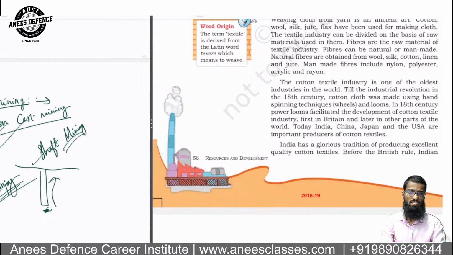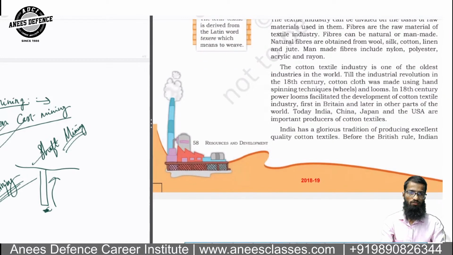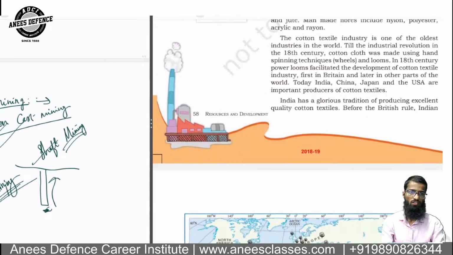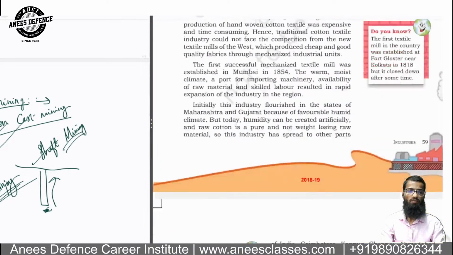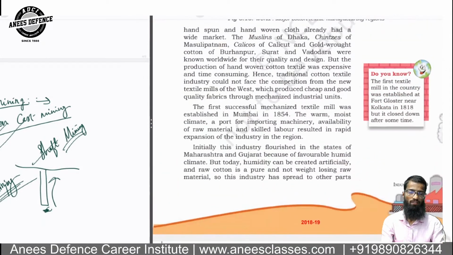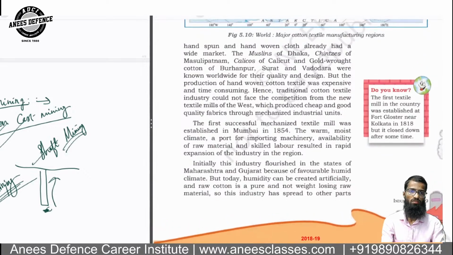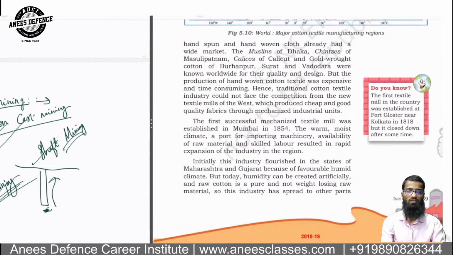The cotton textile industry is one of the oldest industries in the world, and it was first set up in Britain, because at that time Britain was a superpower and it had abundant minerals, resources, technology, people and resources to extract them, and the time and skills required were also available.